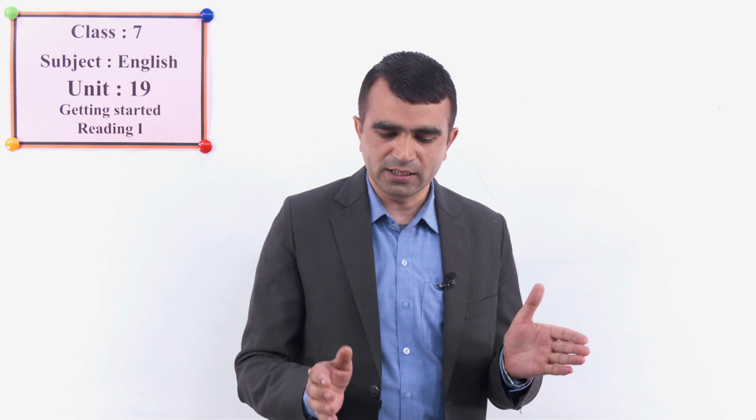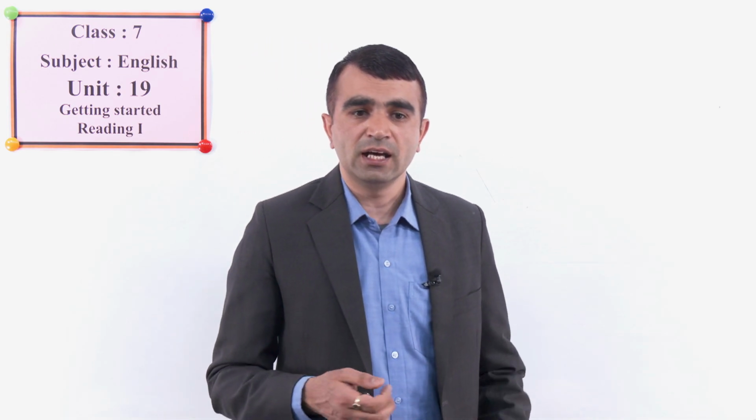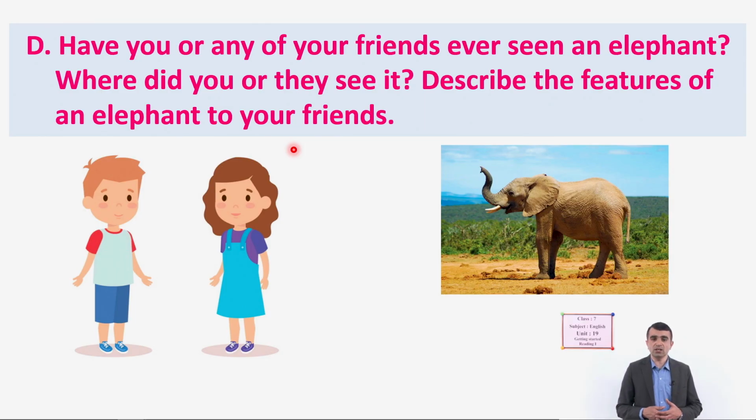Now finally there is one more task, activity D. Have you or any of your friends ever seen an elephant? Please, yes or no, say loudly. Okay, many of you are saying no, some of you are saying yes. Okay. Where did you or they see it?